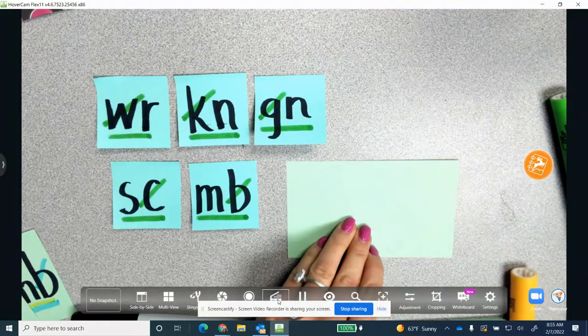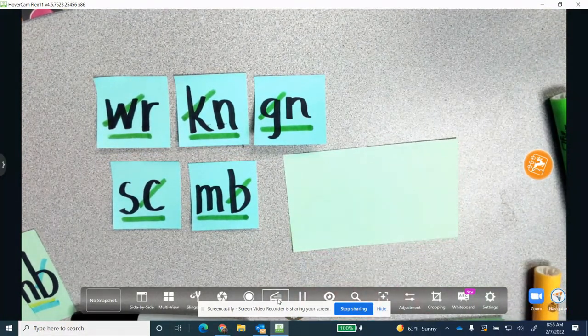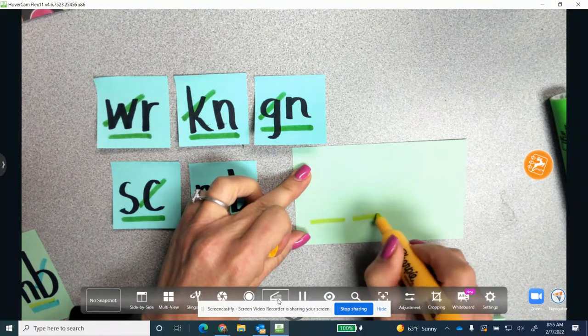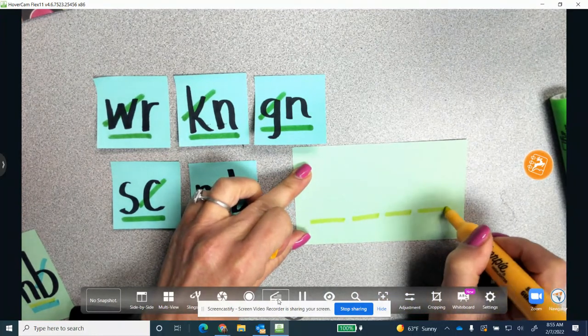Number 4, scent. Now, scent is a homophone because it sounds like another word and they're spelled differently. So cent could be a penny, 1 cent, and that's spelled C-E-N-T. But this scent is referring to with your nose, something you smell. A dog can track a person by her scent. Scent.